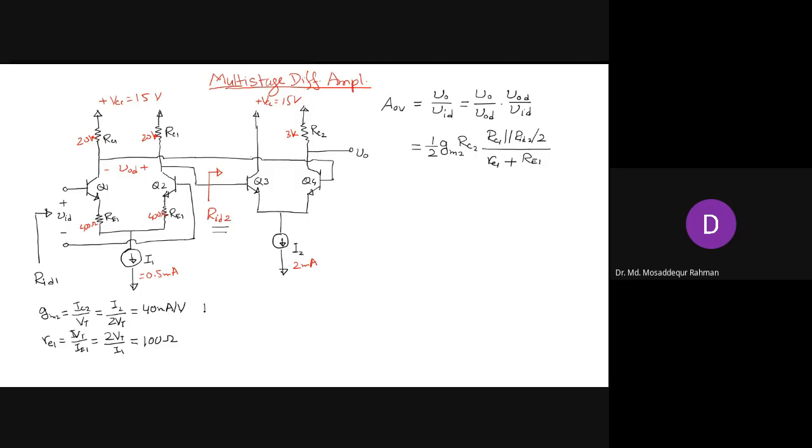RID2 is 2R pi, and given this value, we write it as 2 times beta plus 1 times re2. Probably that comes out to about 5K.